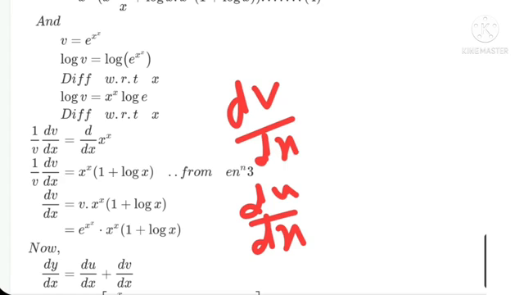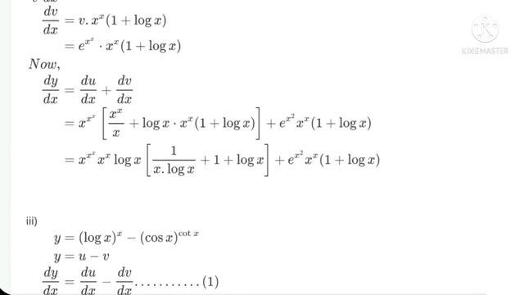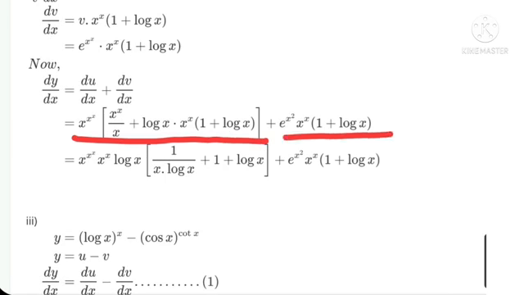So we put the formula now, dy by dx is equal to du by dx plus dv by dx. Substitute the values, this is the value of du by dx and this is the value of dv by dx.